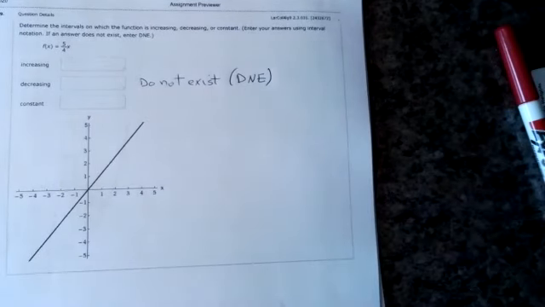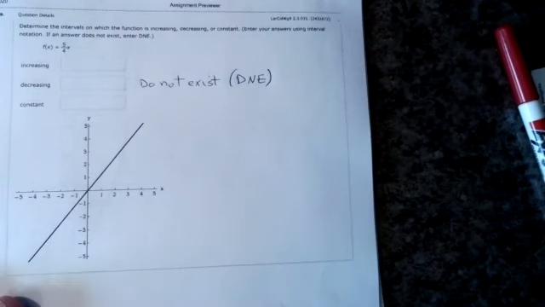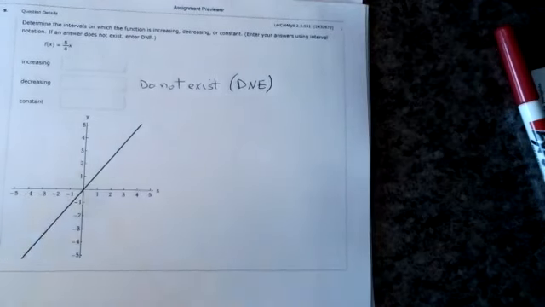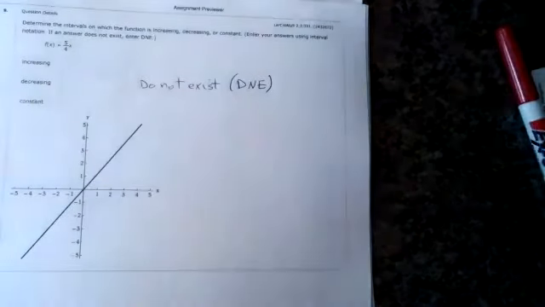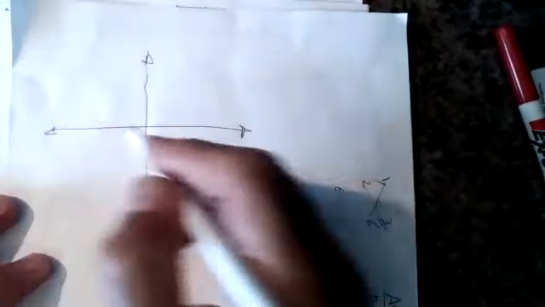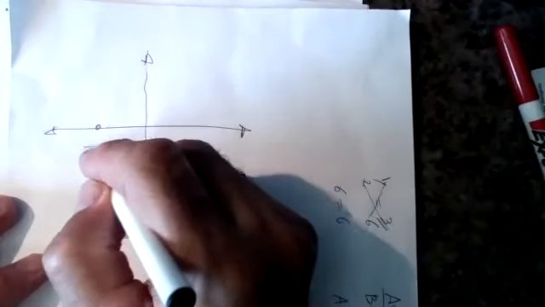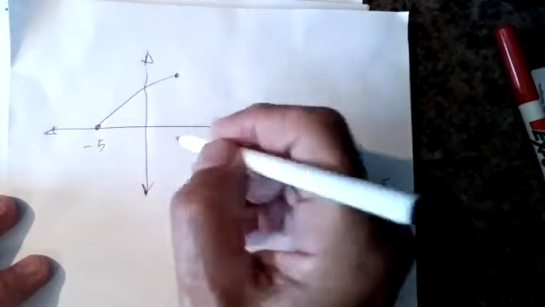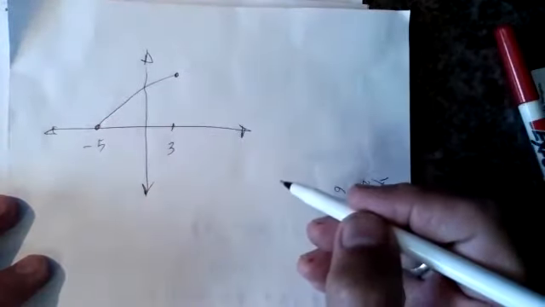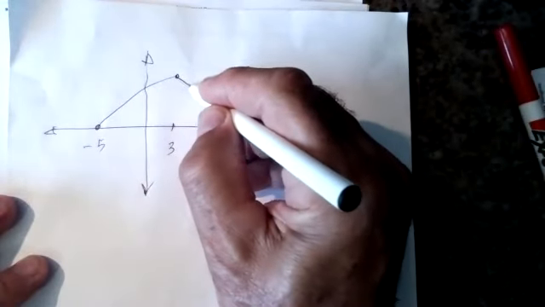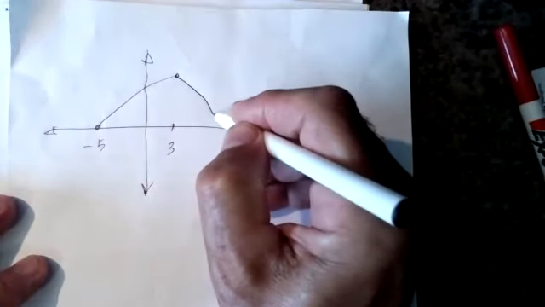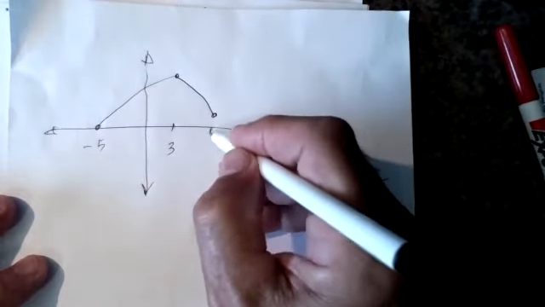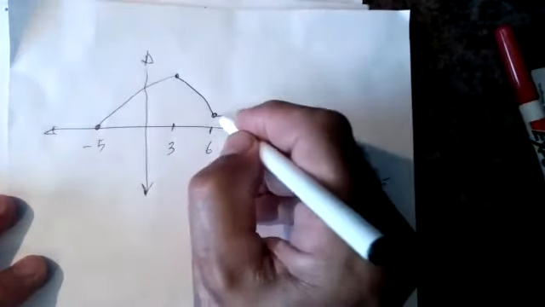Now they're asking you to find the interval where the function is increasing, decreasing, or constant. You know, let's say you have equations like this. And you have a graph, say it starts from -5, it goes up, and then goes down, and then it's like this.